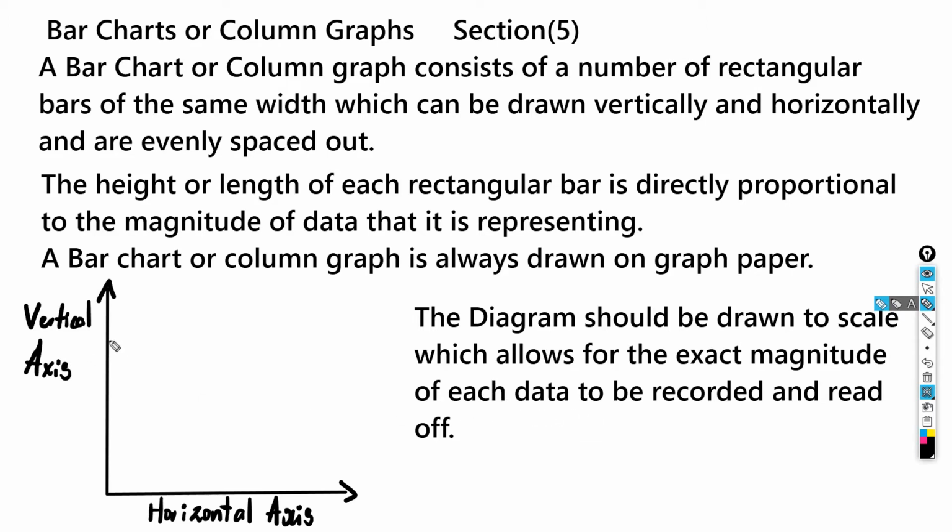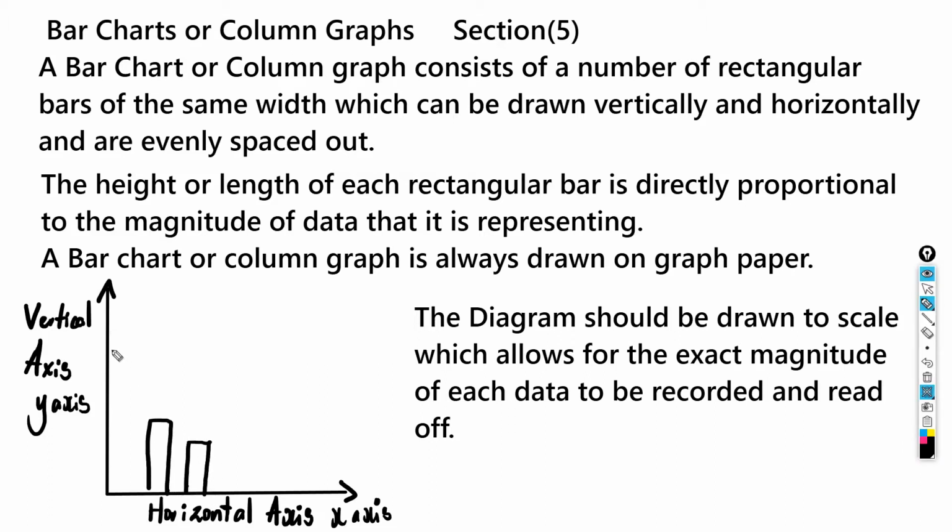Right. So I'm just gonna give you an example here. In this little diagram, it's nicely labeled with the vertical axis, which in this case is the y-axis, and the horizontal axis, which in this case is the x-axis. So on both axes, we can actually decide to draw a bar chart or a column graph vertically, so we can draw it this way, and usually they're of the same width, guys.